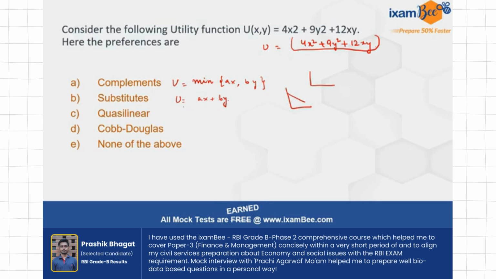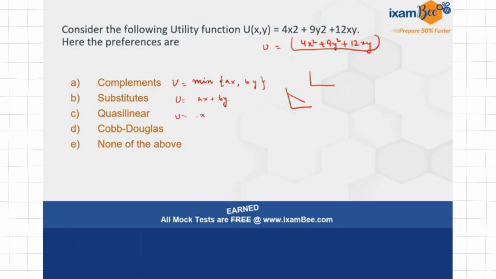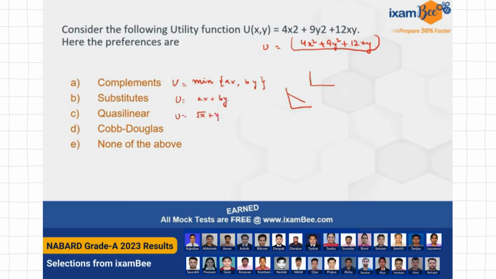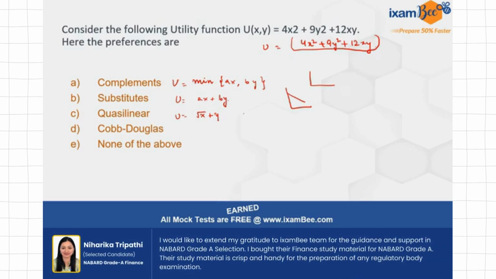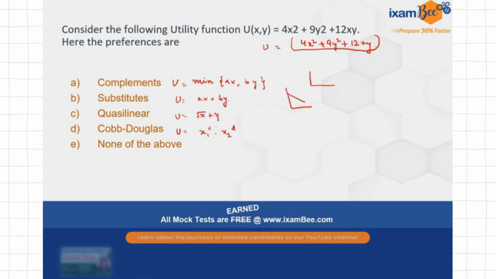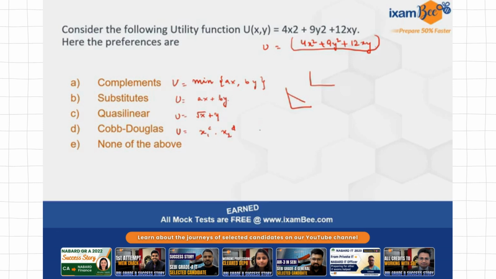And for quasi-linear preferences, let's say this is the utility function. One part is linear, the other is partly non-linear. So we say that this whole function is quasi-linear, partly linear. Then Cobb-Douglas is represented by a power on the two commodities, so x1 to the power c times x2 to the power d, and here c and d denote only the curvature of the indifference curve.